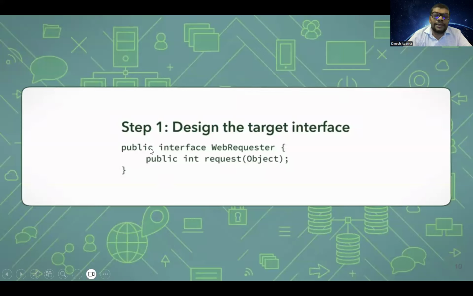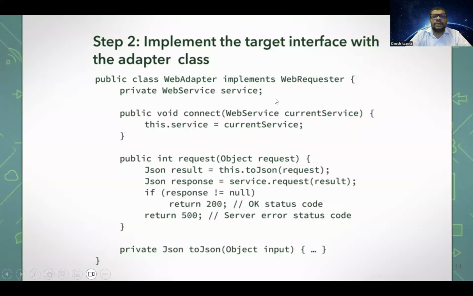Now we have a public interface, right? Remember the term interface, web request, where you have only the signature of the method. Then we implement the adapter from the web request interface.